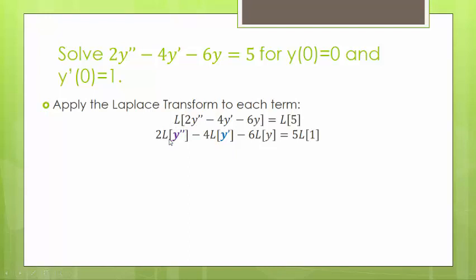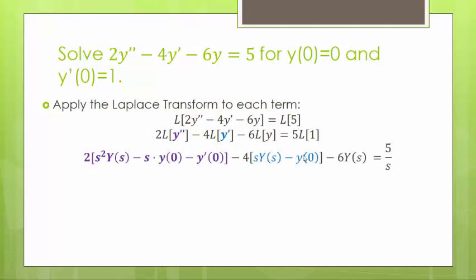It'll be 2 times the Laplace transform of the second order derivative, minus 4 times the Laplace transform of the first derivative, minus 6 times the Laplace transform of y. That's equal to, you don't have to pull the 5 out. You know that the Laplace transform of 5 is 5 over s. I did go ahead and just use that constant rule consistently through there.